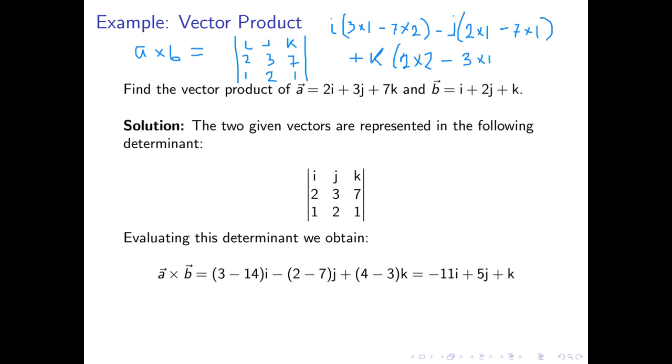Minus 7 times 2 is minus 14. So we have this part for i. 2 times 1 is 2. 7 times 1 is 7. So we have 2 minus 7, this part. And then 2 times 2 is 4, minus 3 times 1 is 3. So when we simplify, we have minus 11i plus 5j plus k.